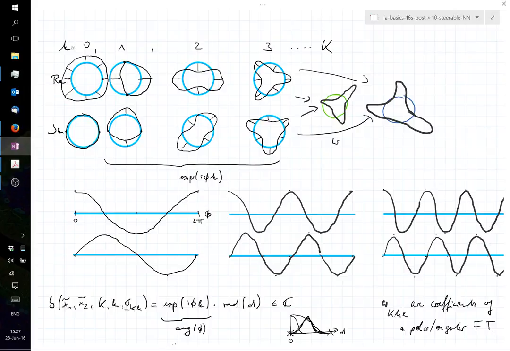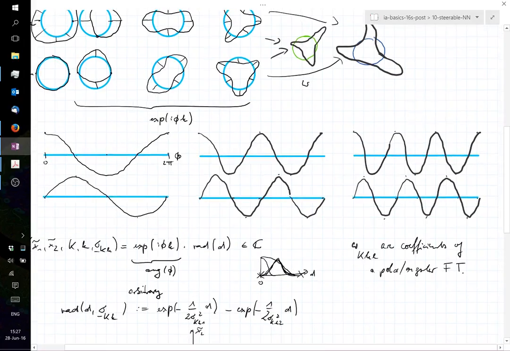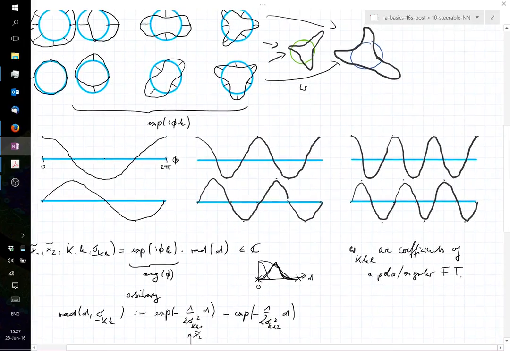And the argument is the same as, this is why I painted this picture here. The argument is the same as with standard Fourier space. So if I have up to 3 periods, I need to consider the frequencies 0, 1, 2, and 3. And I have a real and an imaginary component for each, so it would be 8 samples.